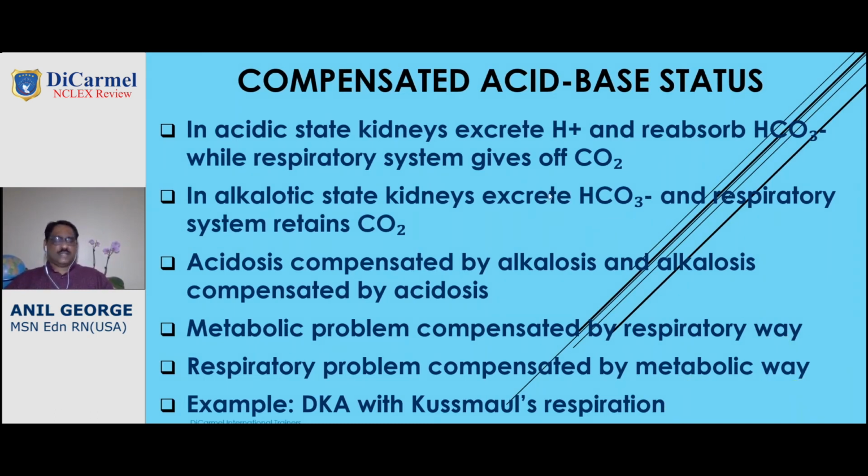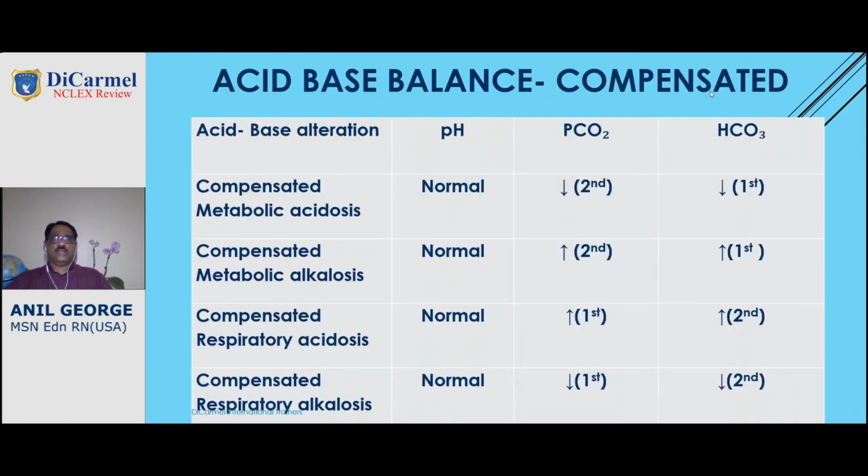All right, and let's see this state of compensation here in a table. Before we were talking about the uncompensated, so here we're going to talk about the compensated situation. And what do we see here? First of all, when we say compensated, the first criterion you have to look at is the pH, and you can see the pH value is perfectly normal in this case, right?